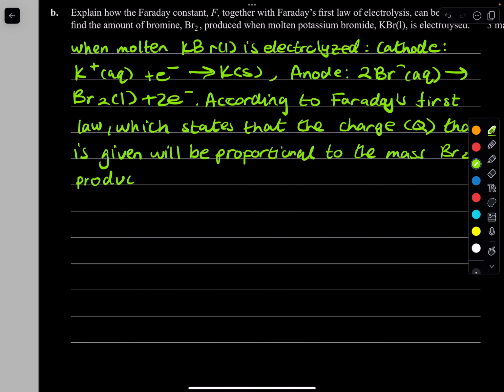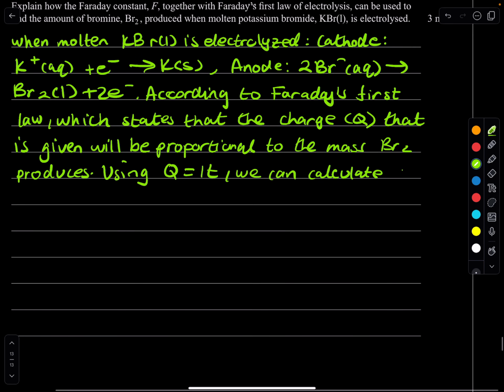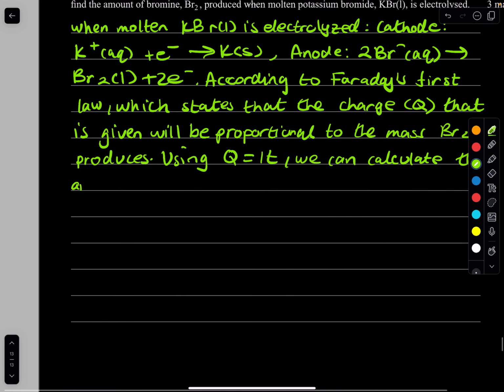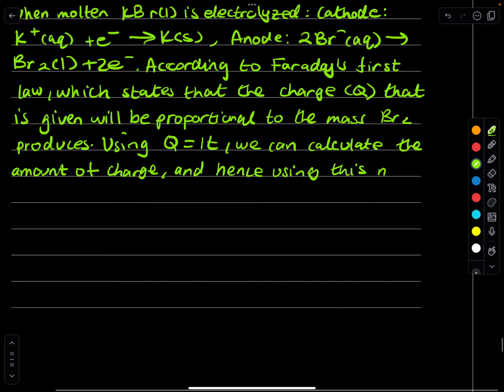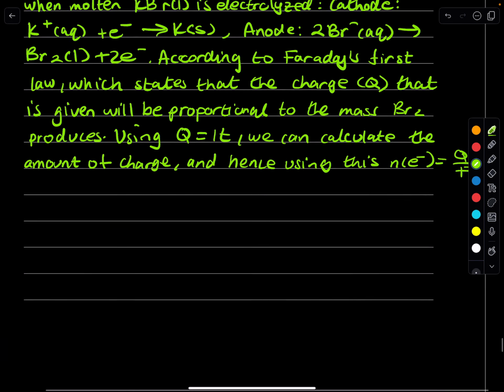And now we'll just explain how to do it. So using Q equals IT, the current times time, we can calculate the amount of charge, and hence using this, the number of moles of electrons is equal to Q over F. Remember, F is your Faraday's constant.